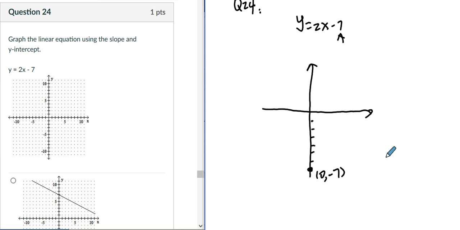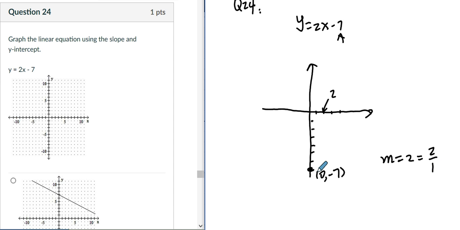Rise over run, m is 2. So if here is 1, here will be 2. This point is on the line. That tells us the rise over run is 2, which means 2 over 1.